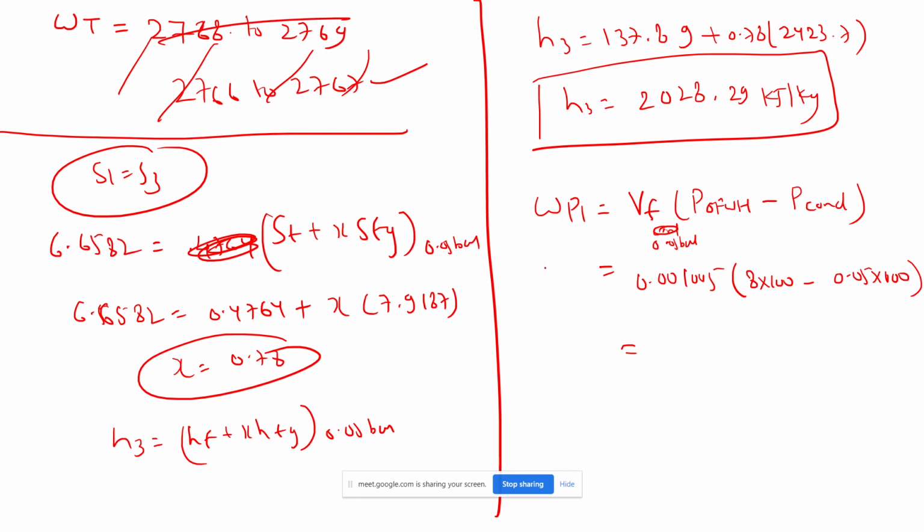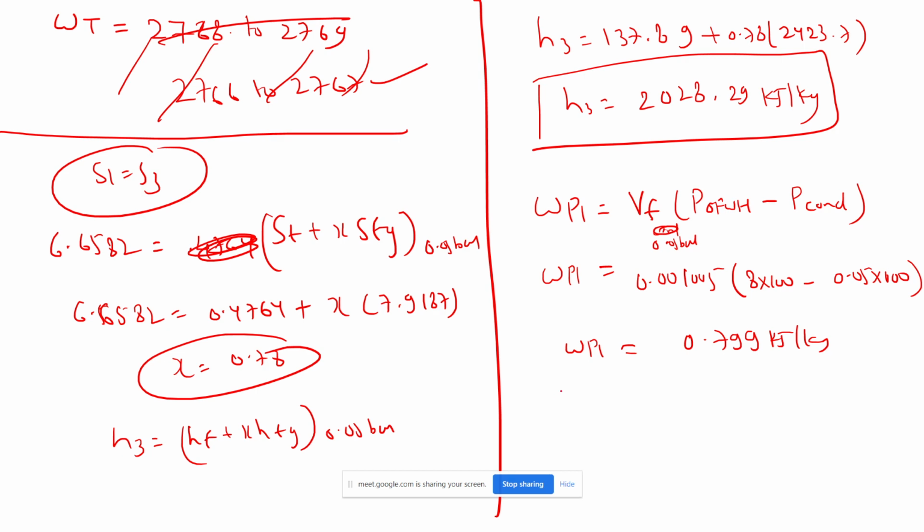So pump work 1 is 0.799 kilojoule per kg.